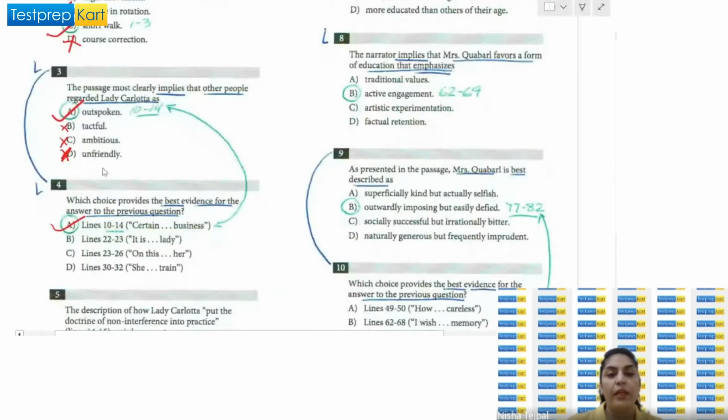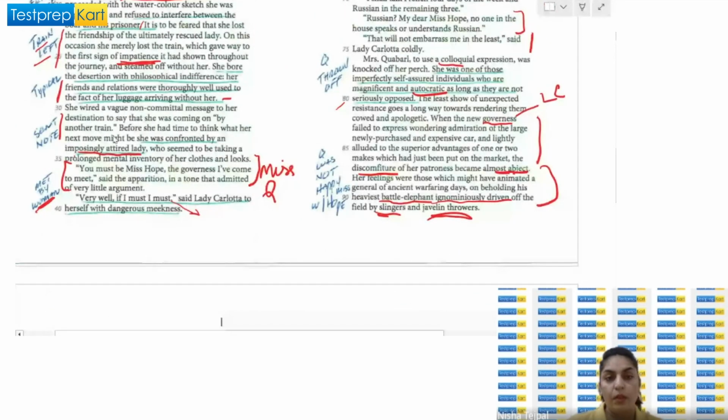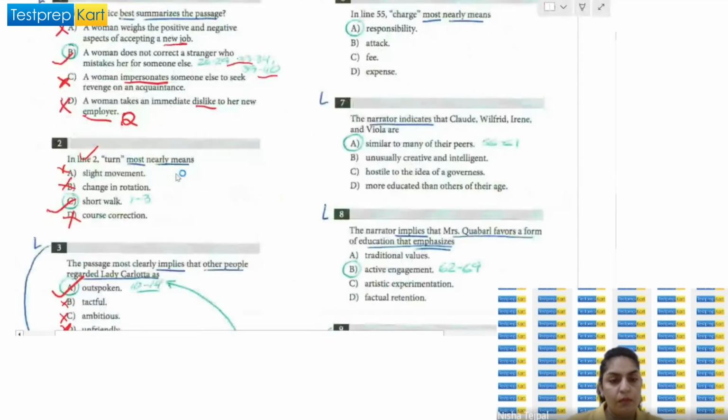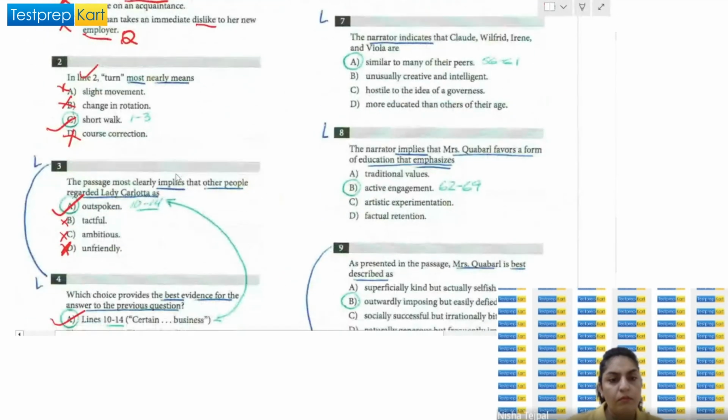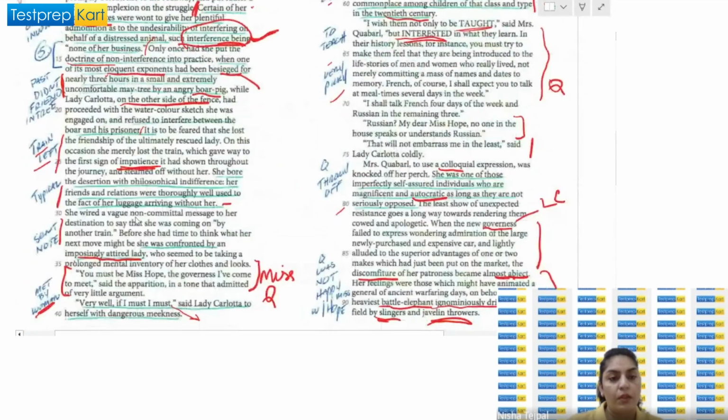Then, unfriendly. We have lines 30 to 32. She till train. So in this sentence also, we don't find any clue for Miss Carlotta being outspoken. Here she has given a message to her destination. So this doesn't tell that she was outspoken.